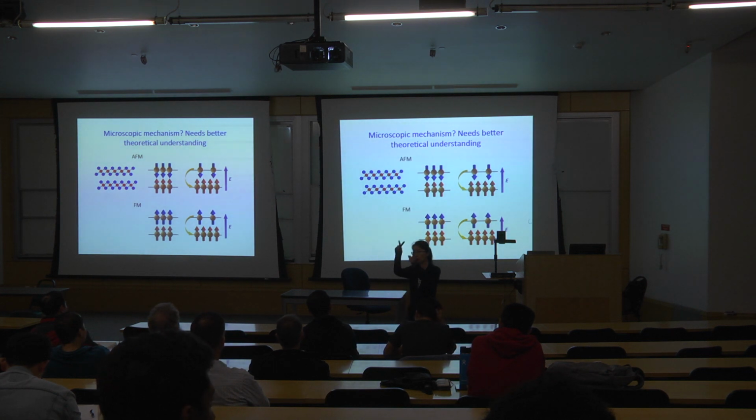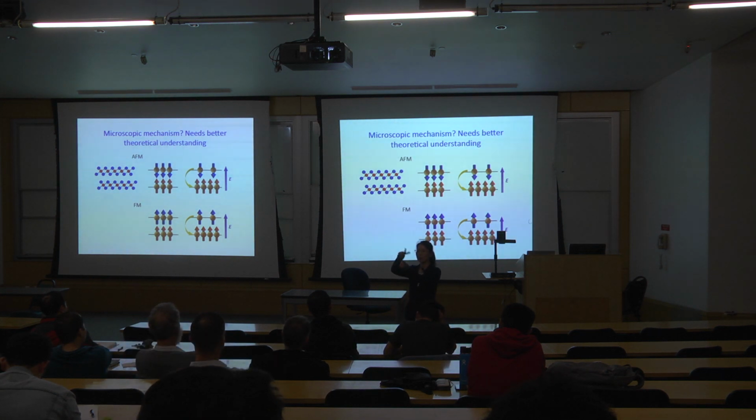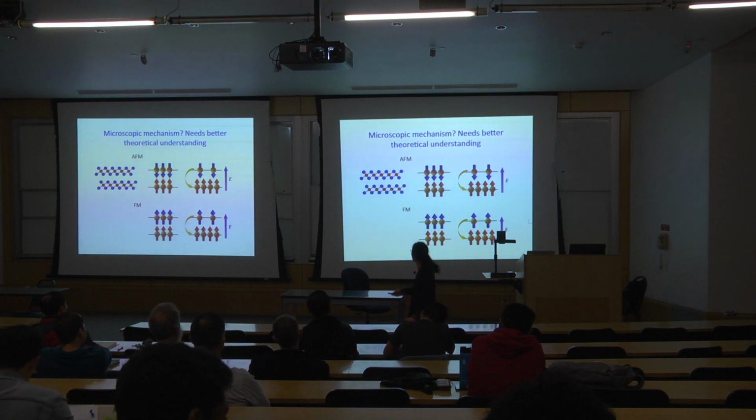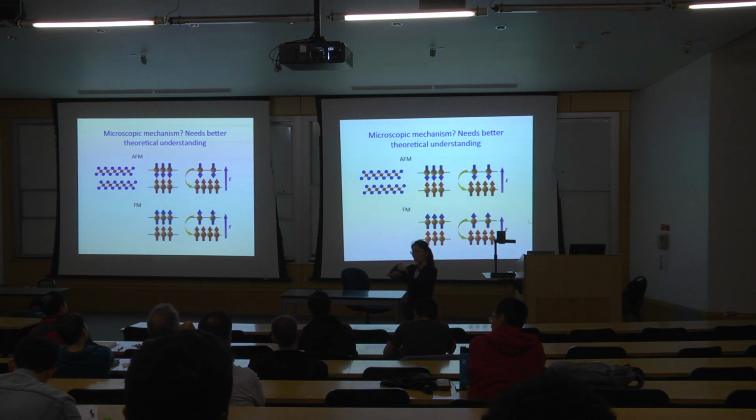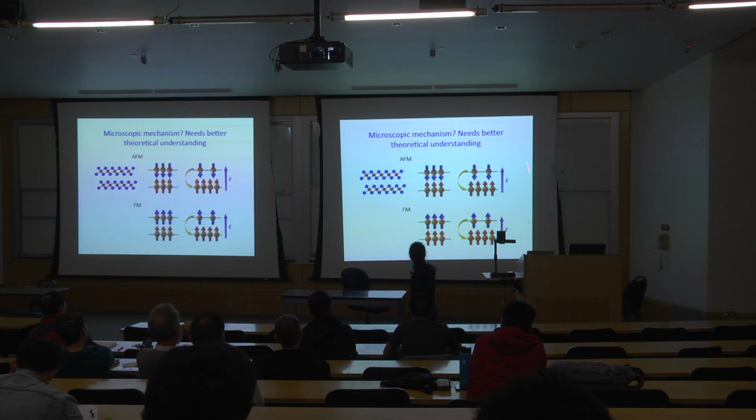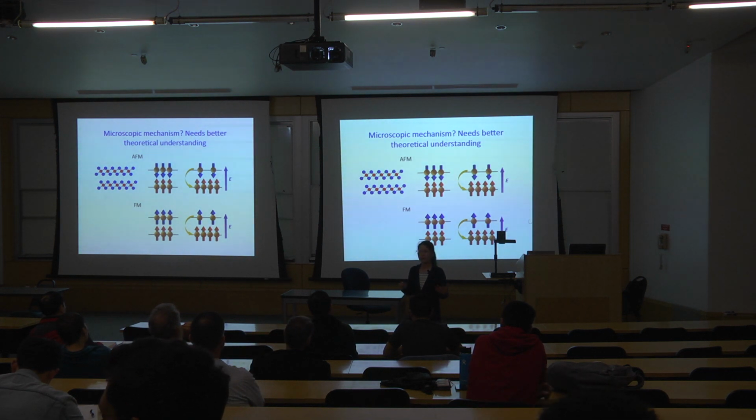Because under electrical field, the two layers will have different potential. So then you can have charge transfer. And if you transfer carriers from this layer to this layer, then because of the exchange, the spin has to flip to keep the energy low. So you get upspin. So that way you will get non-zero net magnetization.